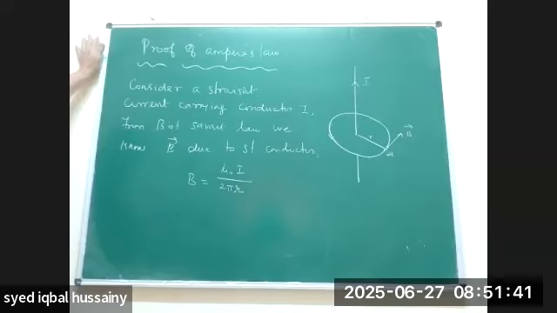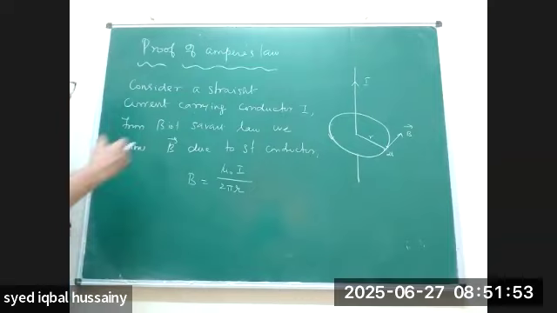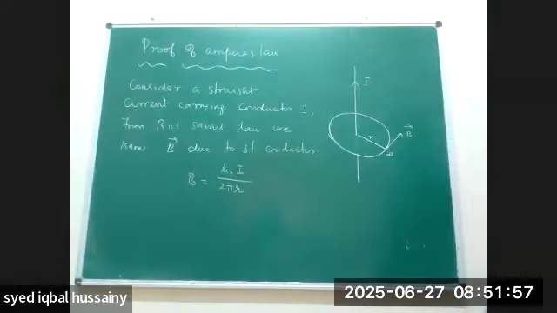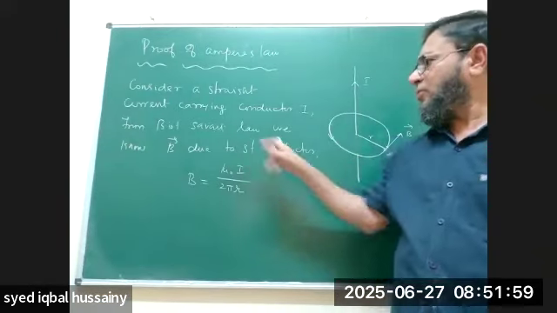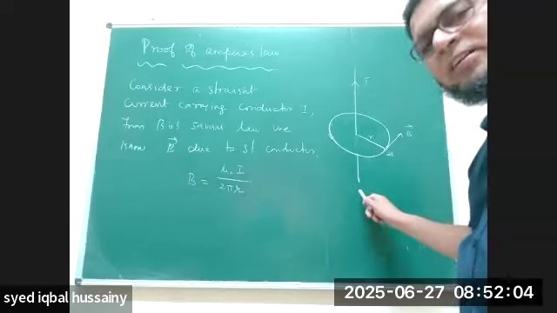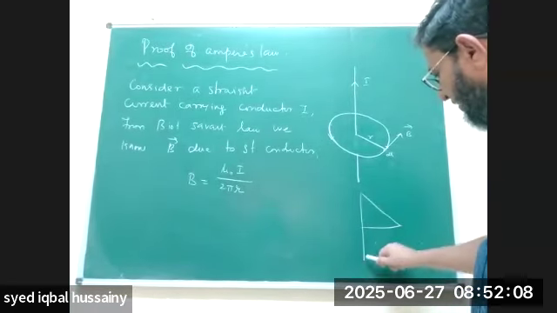Done? So consider a straight current carrying conductor I. From Biot-Savart law for a straight current carrying conductor, already we did this. From Biot-Savart law, we know the B vector due to a straight current carrying conductor. Do you remember? I did a derivation here. We take the point here and make the angles phi 1 and phi 2.